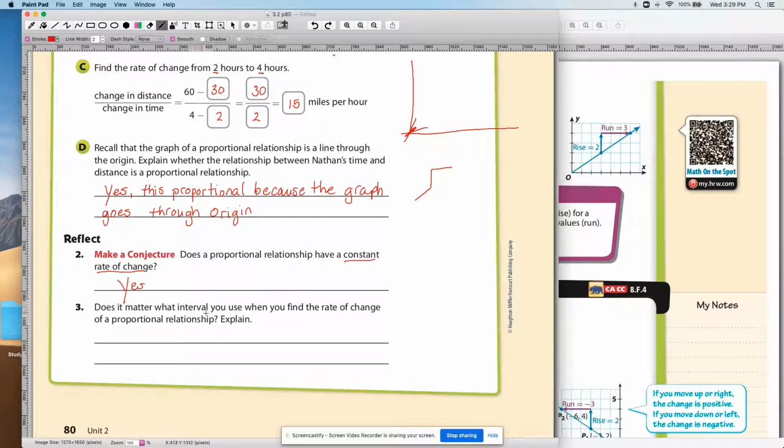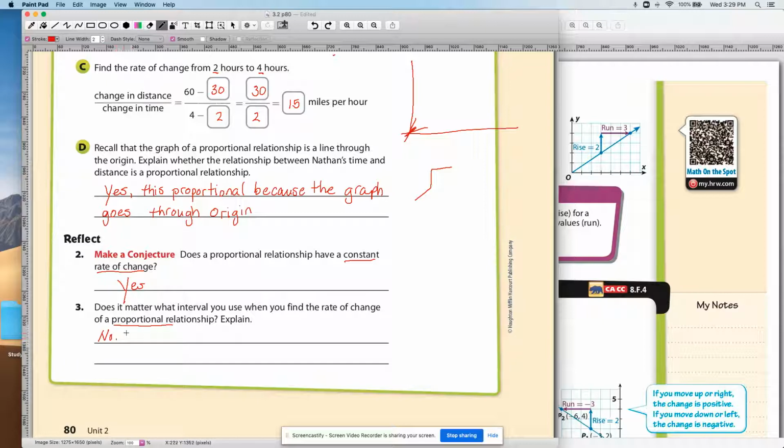And then does it matter what interval you use when you find the rate of change? Okay, so, the rate of change in a proportional relationship. If it's a proportional relationship, you can use any intervals you want because the rate of change is going to be constant. So does it matter what interval you use?